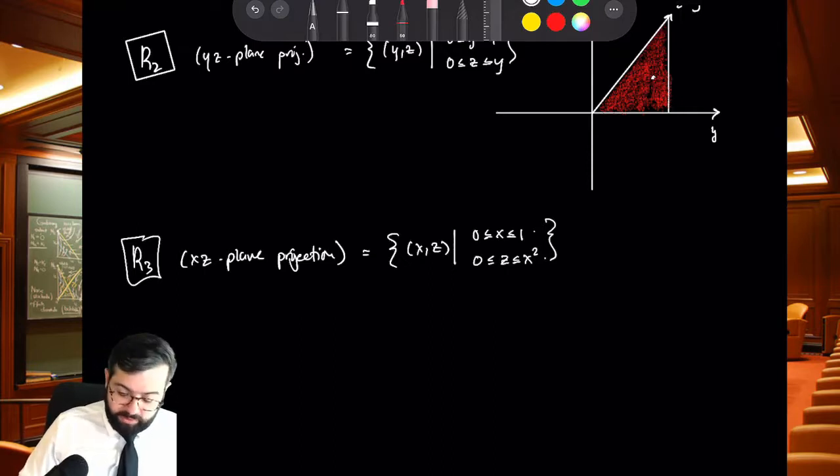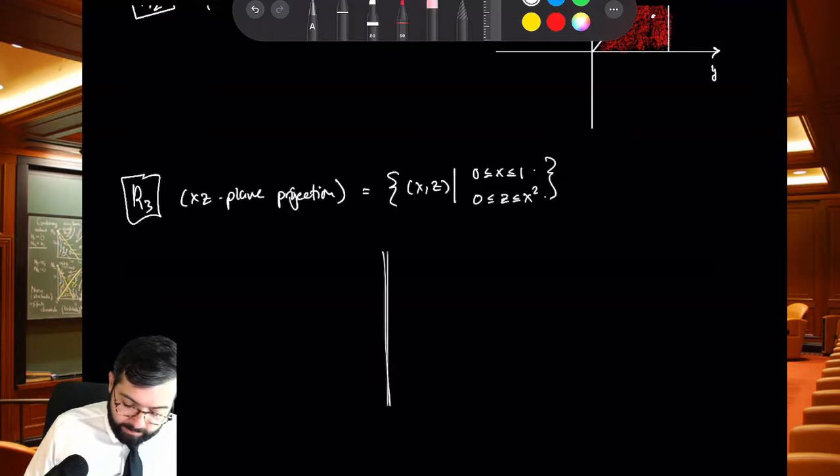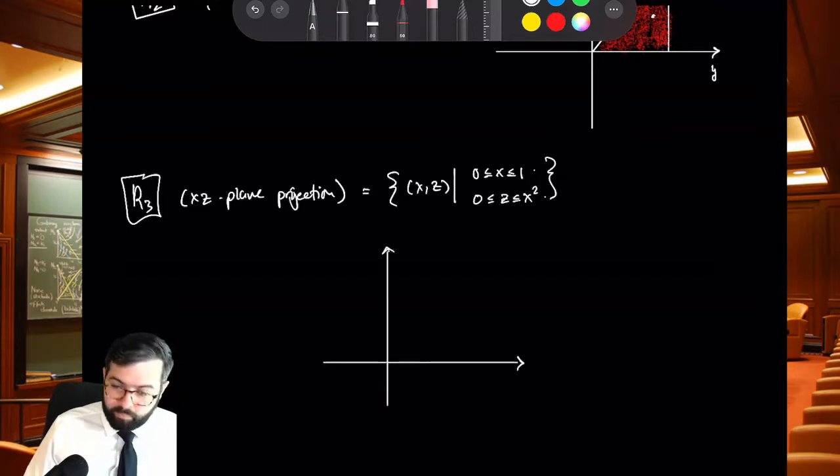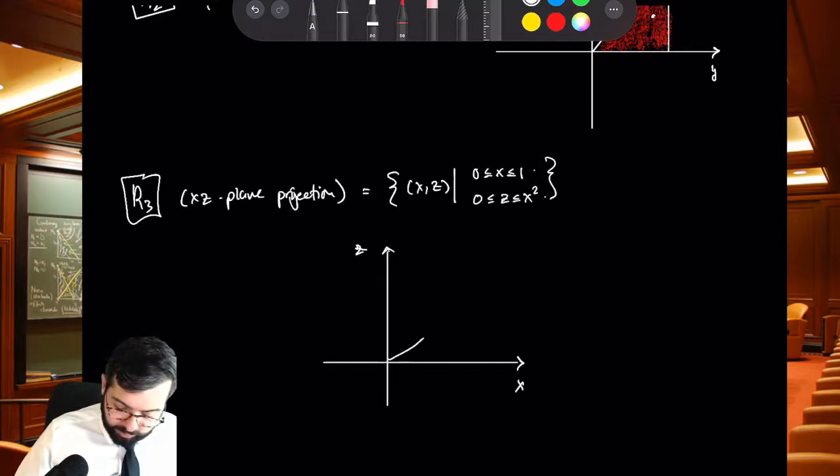Okay. So what does this thing look like? The XZ projection is between 0 and z equals x squared. Z equals x squared is a parabola. X is between 0 and 1.